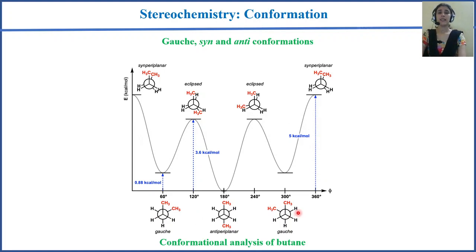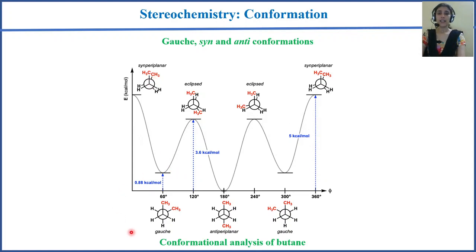But in the case of ethane, all the substituents are hydrogen, so all the staggered conformations and all the eclipsed conformations were the same. But in the case of butane, in the front carbon there is one methyl group and in the back carbon again there is one methyl group.